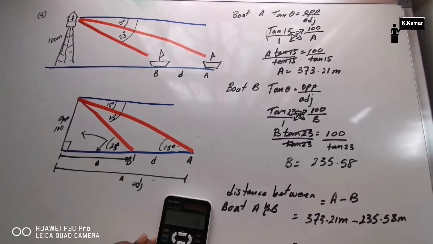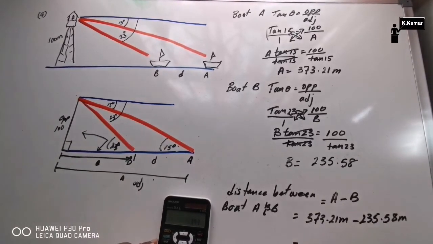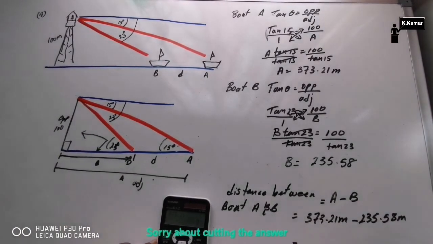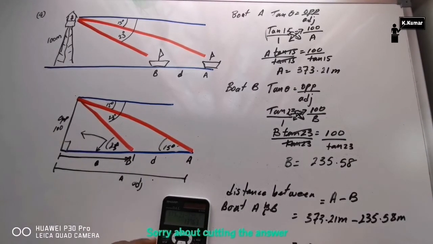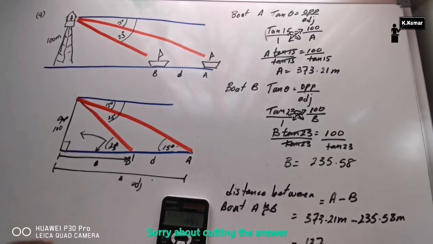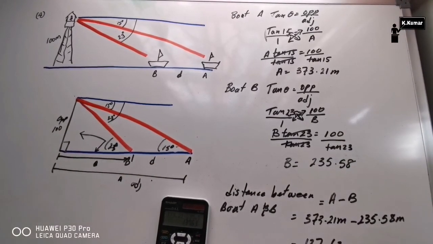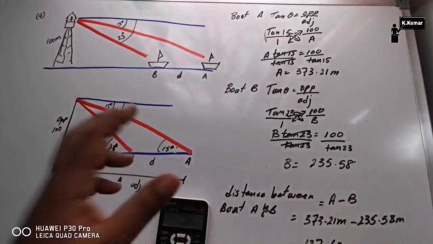Subtracting the two, 373.21 subtract 235.58, that's going to give me 137.63 meters as the distance between both A and B.